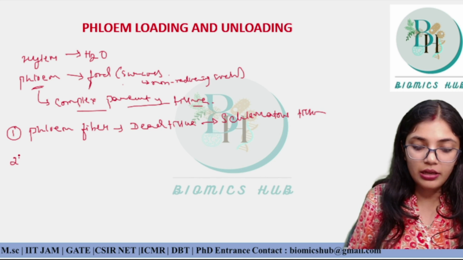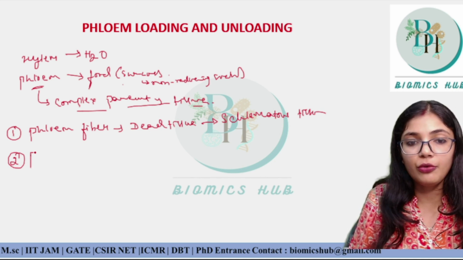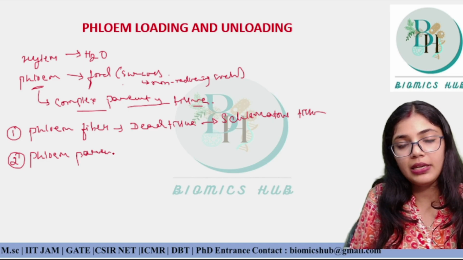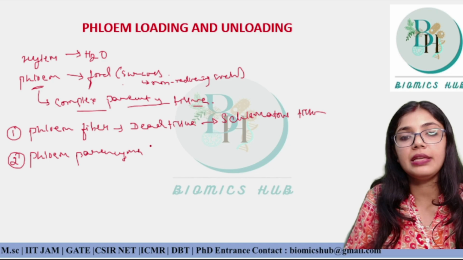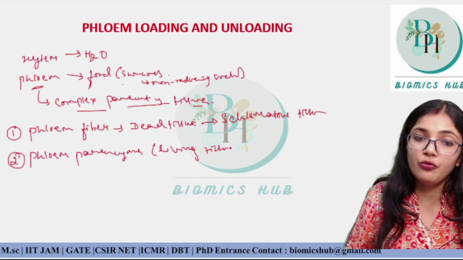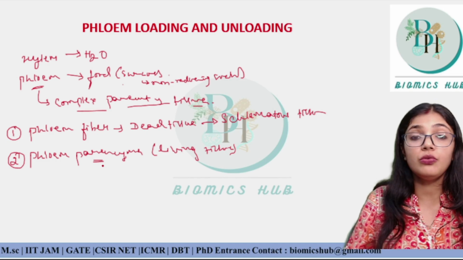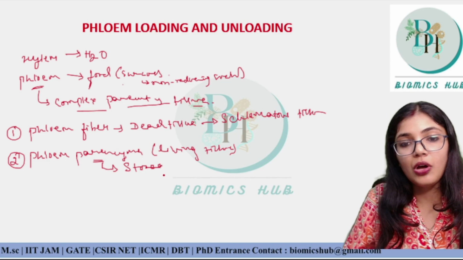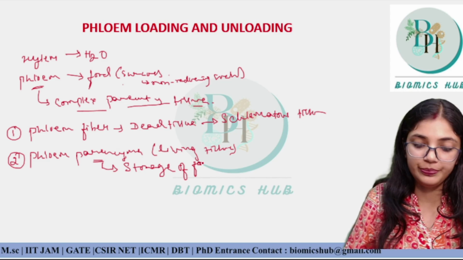The second thing is the phloem parenchyma. It is a living tissue. Why is this phloem parenchyma used? It is used for the storage of food.